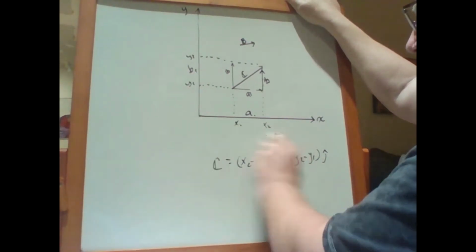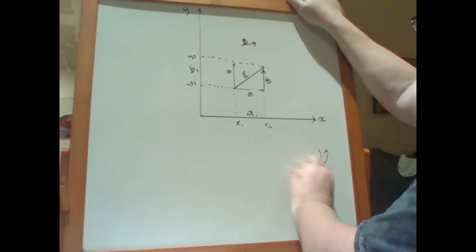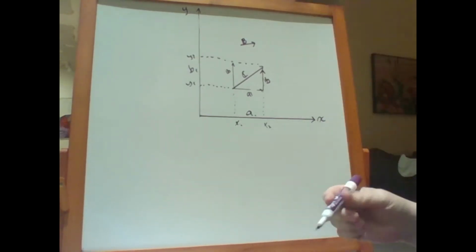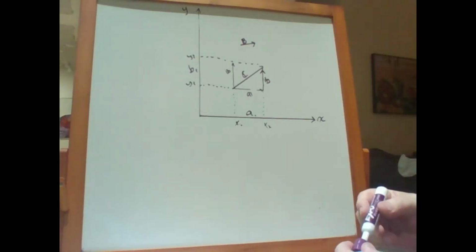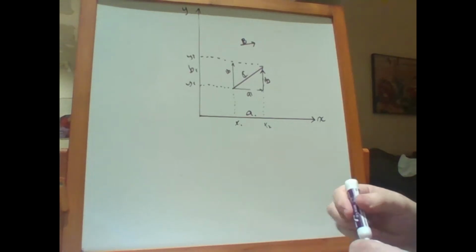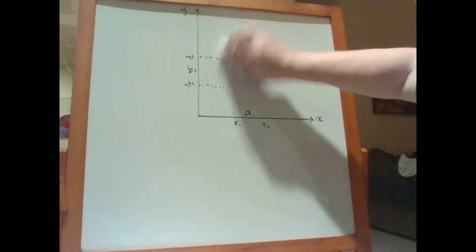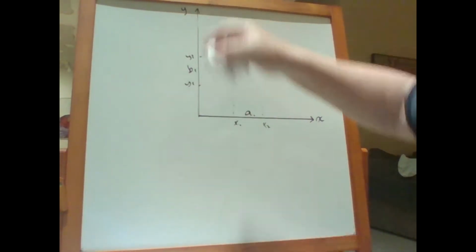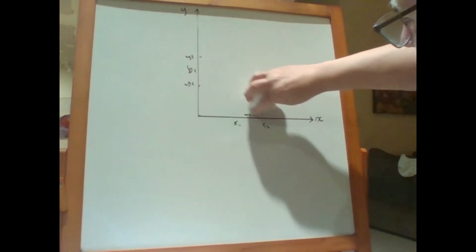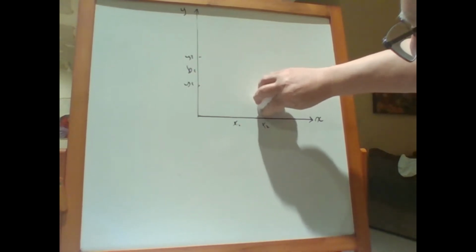Okay, so let's say we have two large vectors. We'll keep the axes.